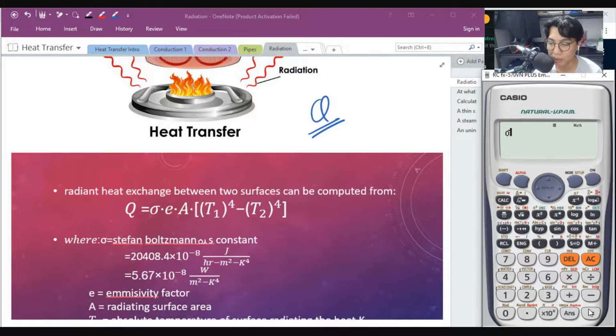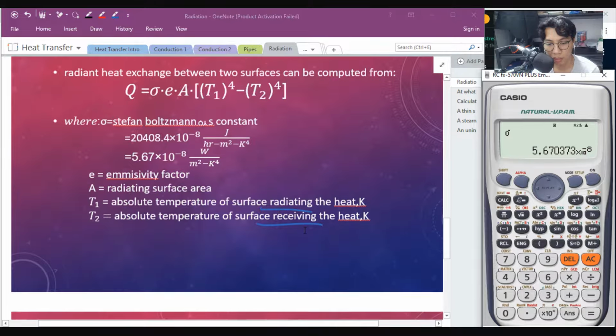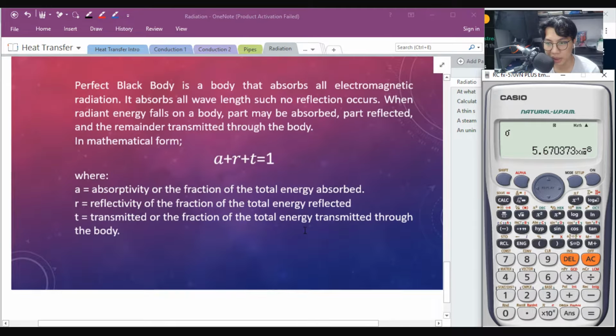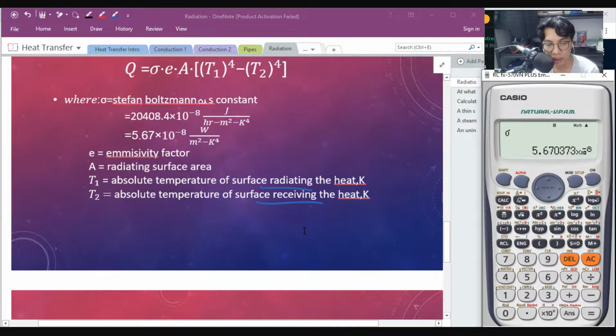The value of Stefan Boltzmann constant, ito laging ginagamit, is 5.67 times 10 to the negative 8 power watt per meter squared degree Kelvin to the fourth. Meron pa po bang value yan? Let us see kung meron pa. Okay. Wala na. Ito madalas na ginagamit. Convert nyo na lang. Ito kasi okay na ito eh. Huwag nyo nang gamitin pa yung sa English unit.